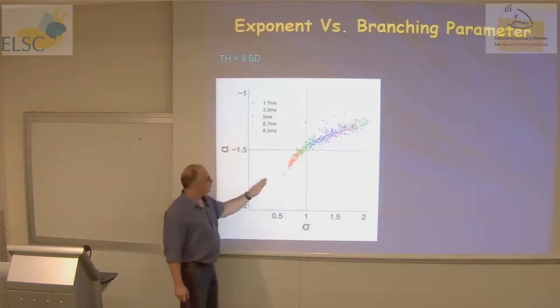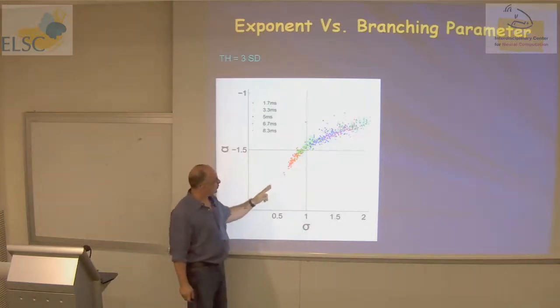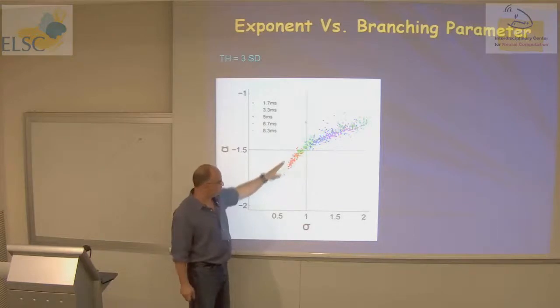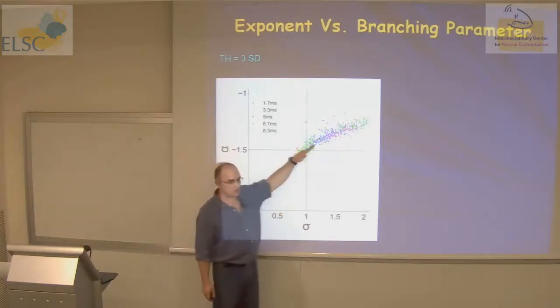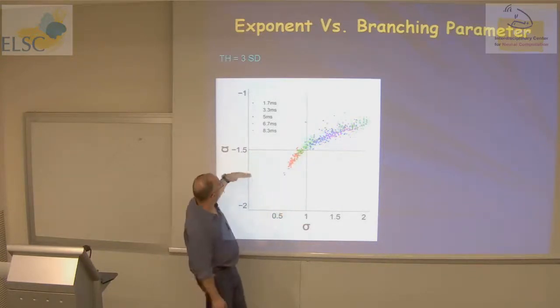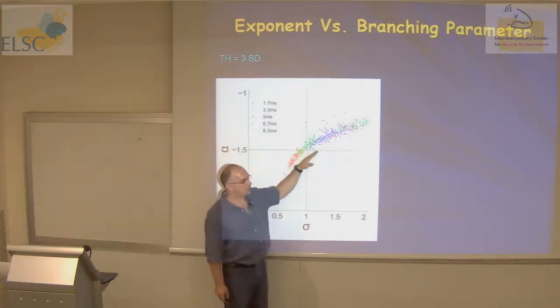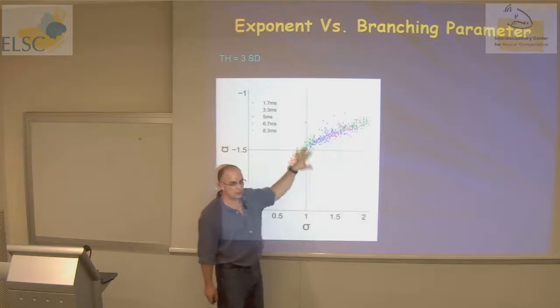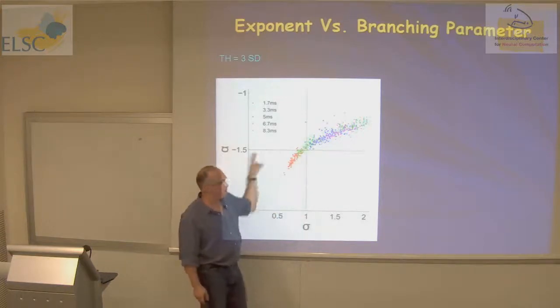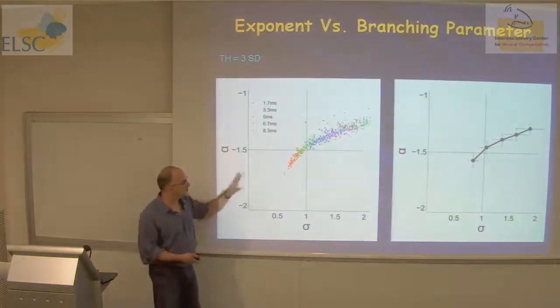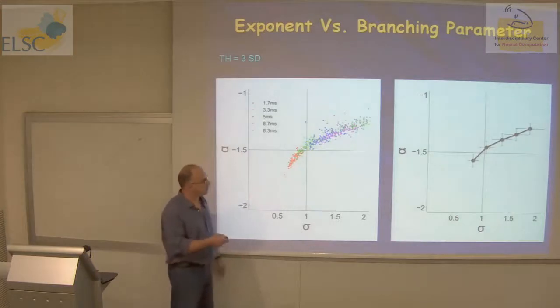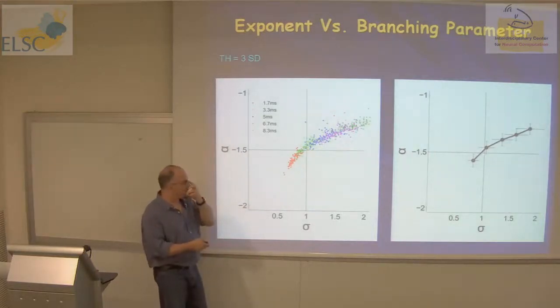And you see the trend. As you increase delta t, from small delta t, the branching parameter increases, and also the exponent becomes shallower. It goes towards -1. But there is a specific time scale at which we get roughly 1 and -1.5. This is the same, just the means and the standard deviations in each case.